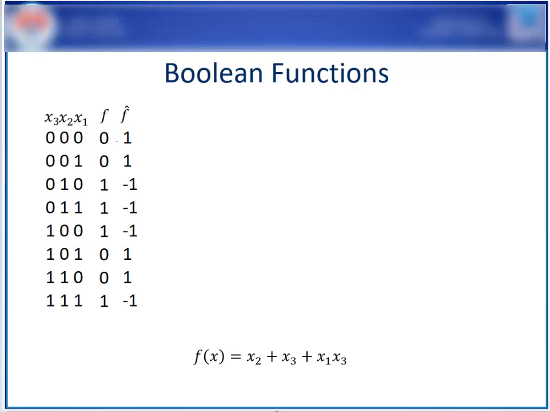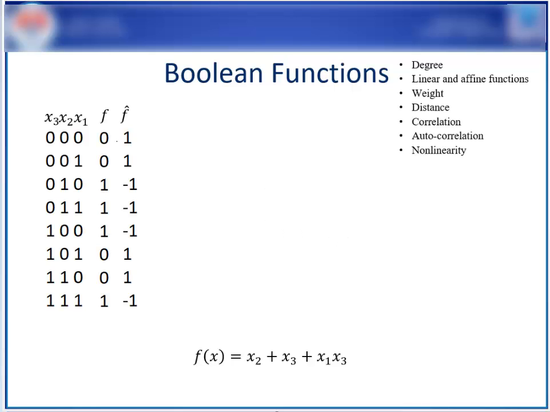In addition to algebraic normal form, truth table, and Walsh-Hadamard transform, we define some other properties of Boolean functions, such as degree, linear and affine functions, weight of a function, distance between two functions, correlation between two functions, autocorrelation and nonlinearity. So let's start with defining the degree of a function.